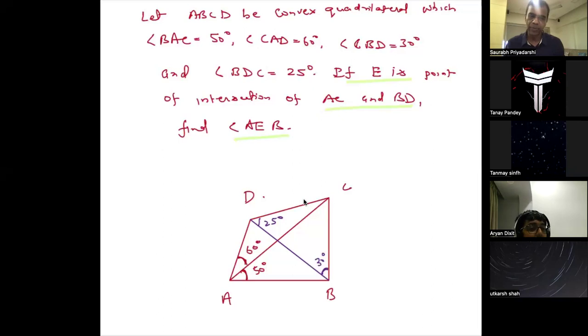See one thing now. One thing we have to be very sure about with these types of questions. Can you see this angle is 25 and this is 50, and this angle is 30 and this is 60?